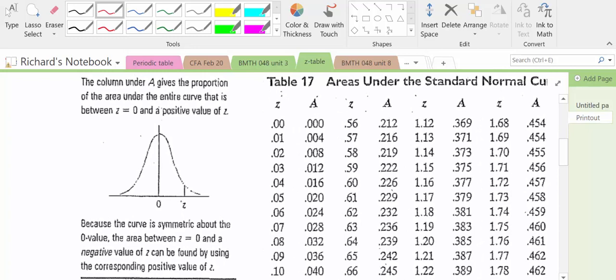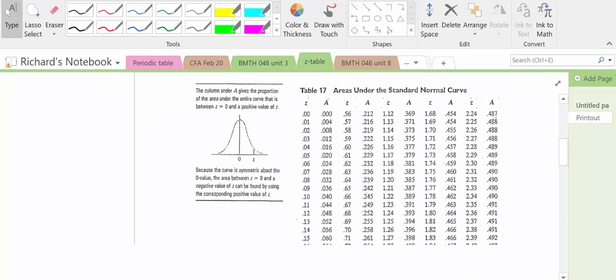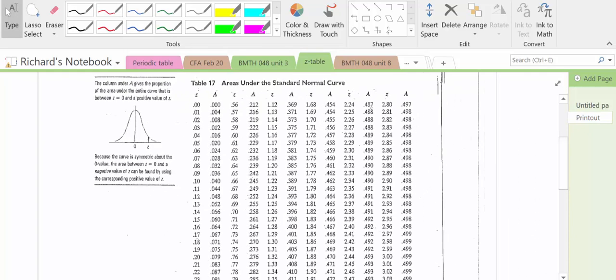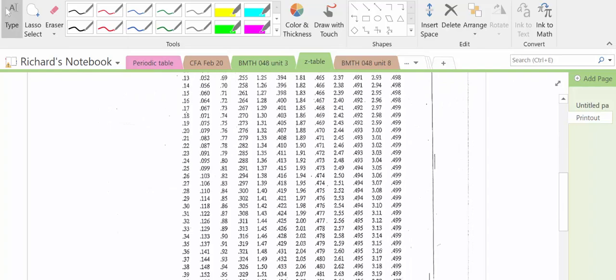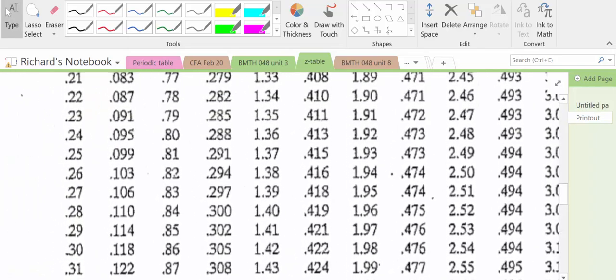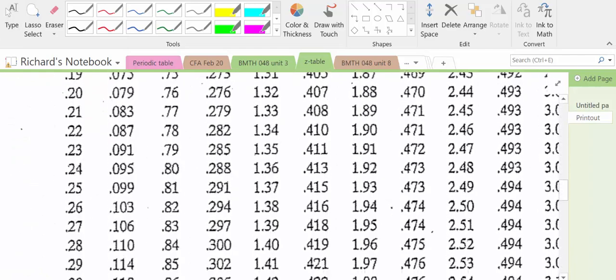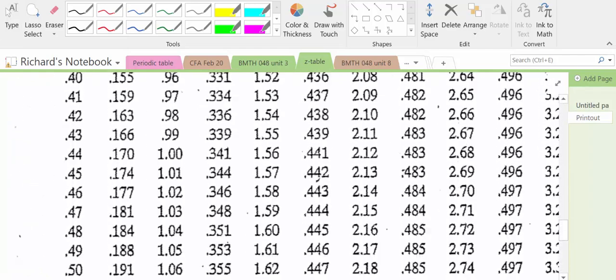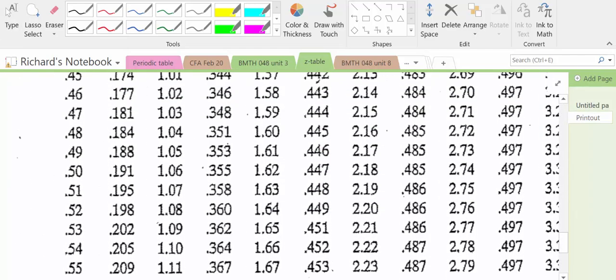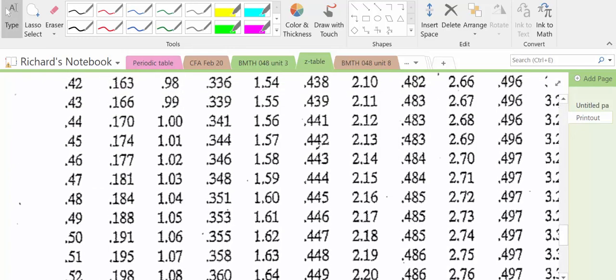Now, the Z-score, really what it turns out to be is just like a fractional standard deviation. So here, I'll just show you something. On this table, if I find 1 standard deviation above the mean, I go down the table. Here we go. 1 standard deviation above the mean. It's right here. And that's 34.1% of the data.